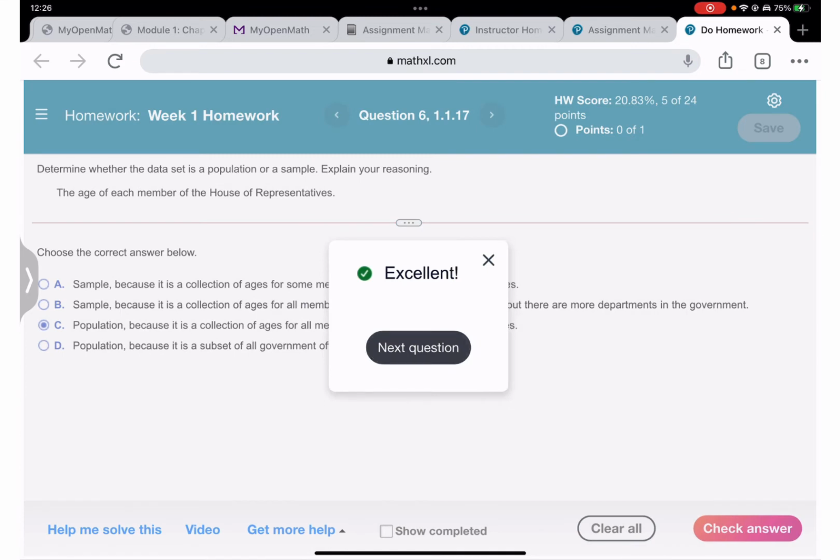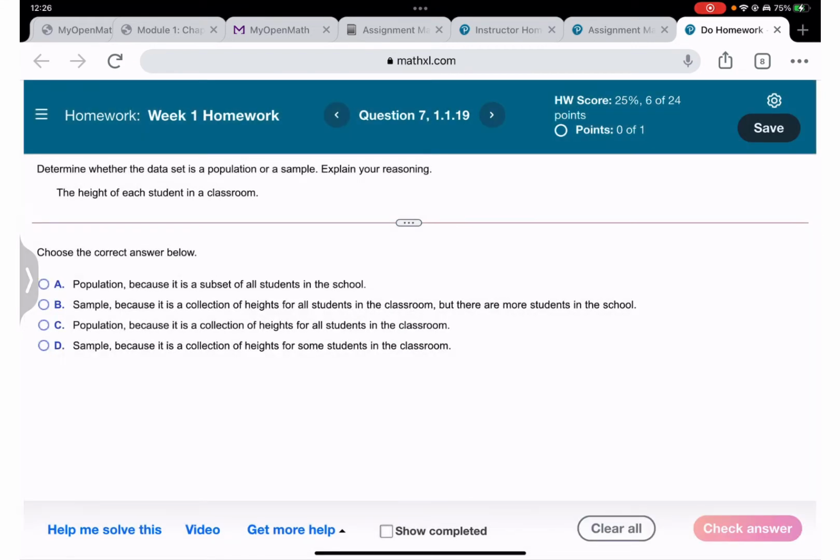Okay, number 7. The height of each student in the classroom. Each student means the classroom is our population, and all students in the classroom represent the population, right? Since we are doing each student, that means all students. It's a population.